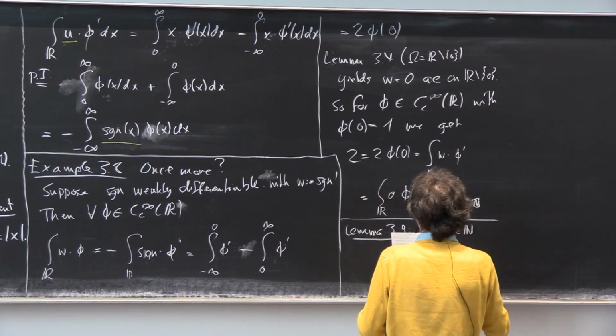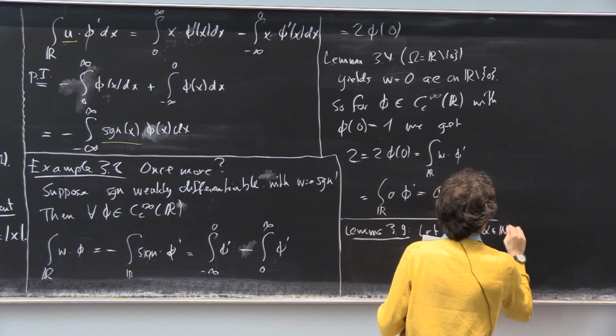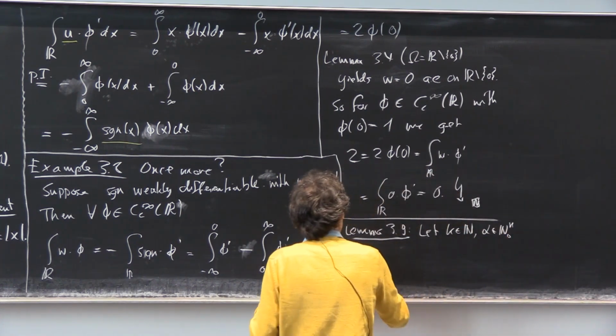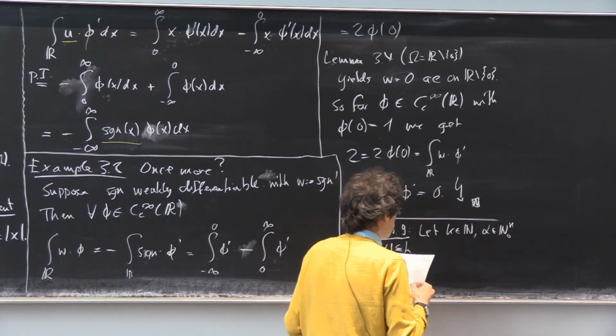So we take k as the order of differentiation. We take a multi-index with length less or equal to k.